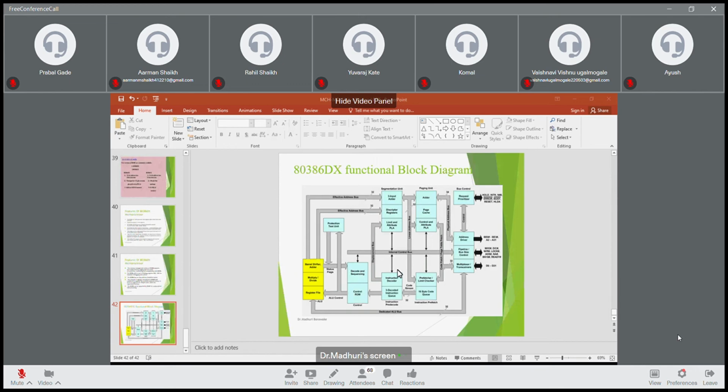Now next is the instruction pointer. For the 8086 microprocessor, it is a 16-bit instruction pointer. But here we have the 386 microprocessor, so the size of the instruction pointer is 32-bit, and it is called the EIP.